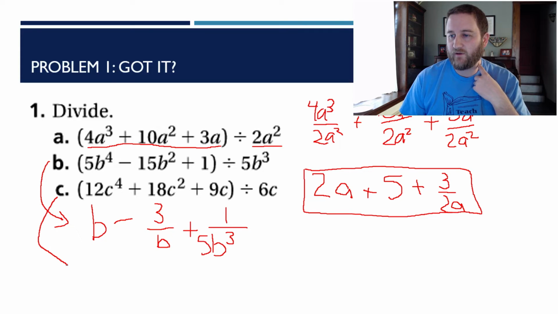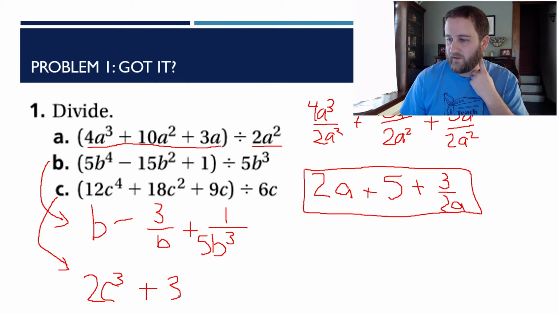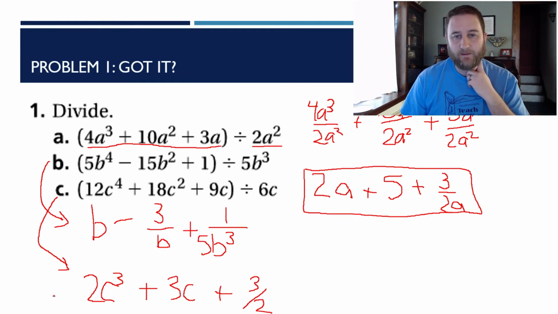And then the answer to C is 2c cubed plus 3c plus 3 over 2. So hopefully you did well on those. If you didn't, see if you can figure out where you went wrong.